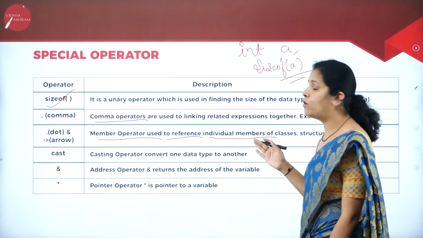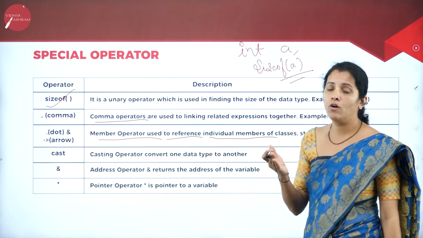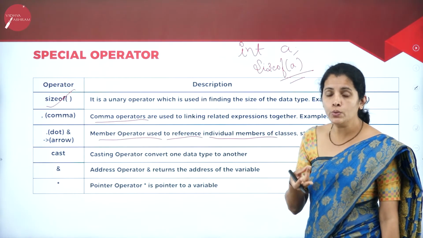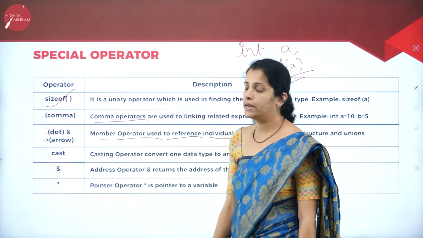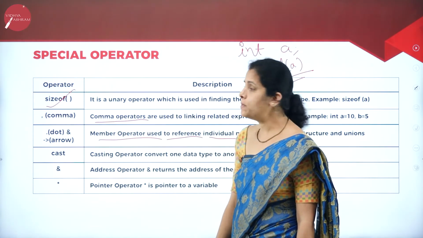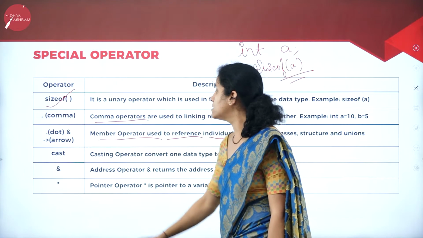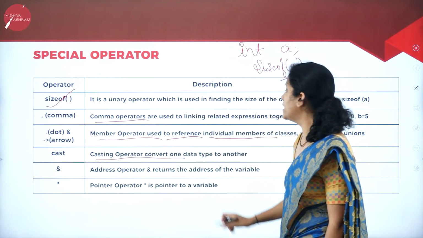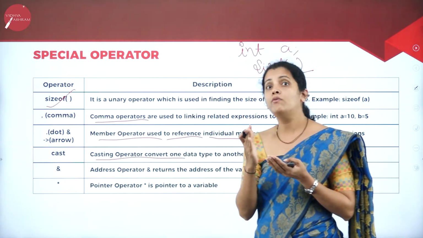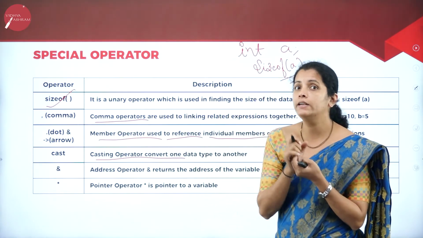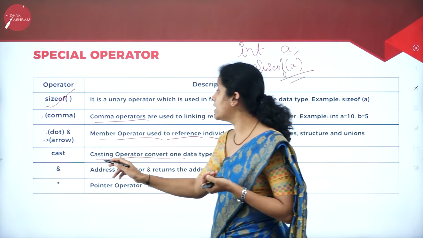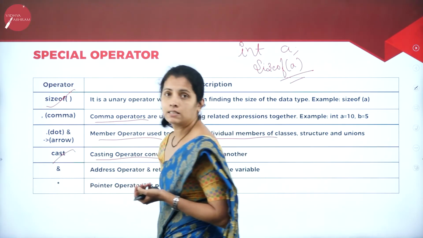That means if I want to access any member of a class or union or structure, that time I'm going to use the operator dot or arrow. Then cast. So the casting operator, that means suppose I want to convert one data type into another data type, in that situation I require casting.